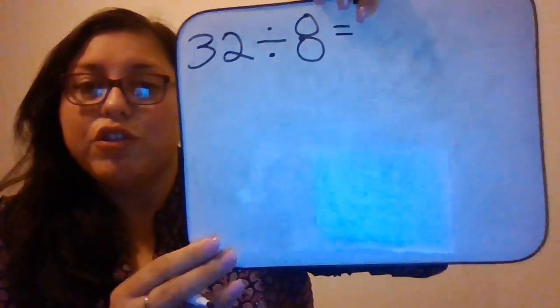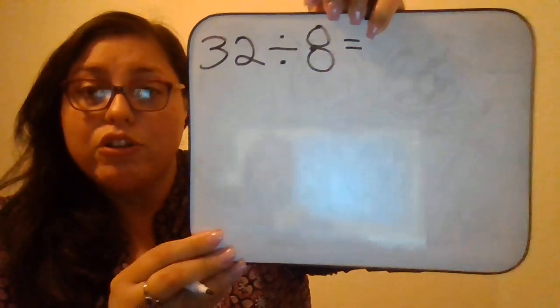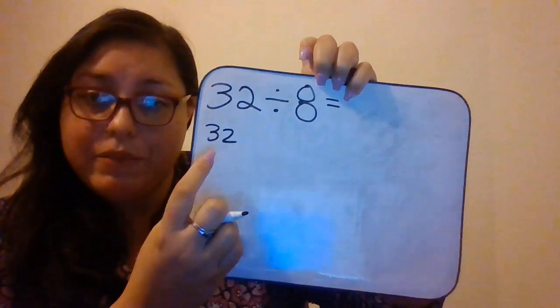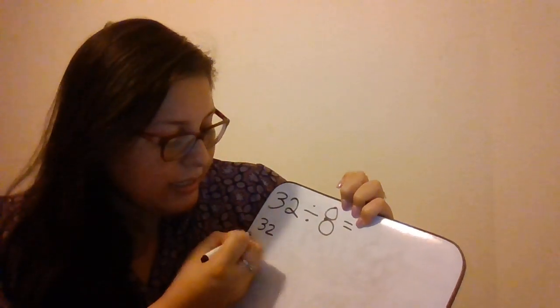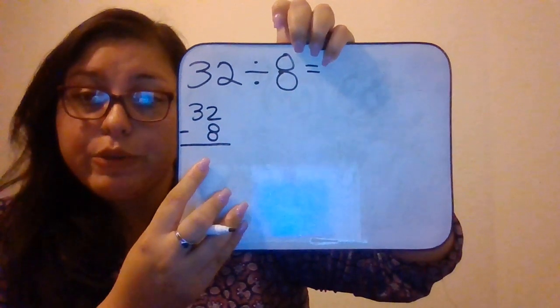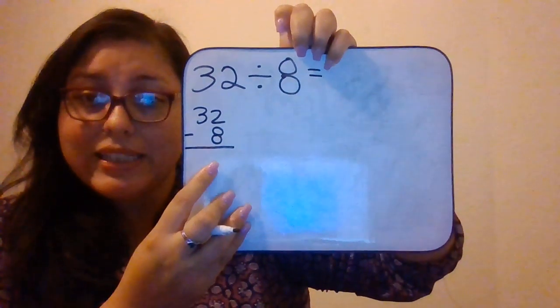So what you do, you get a paper and you start with the number. It's 32 divided by 8. That's what they want us to solve. So we write the number 32, minus 8. That's the first thing we do. 32 minus 8, and our answer is 24.